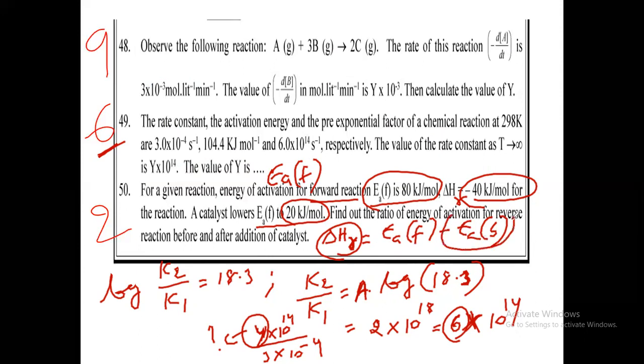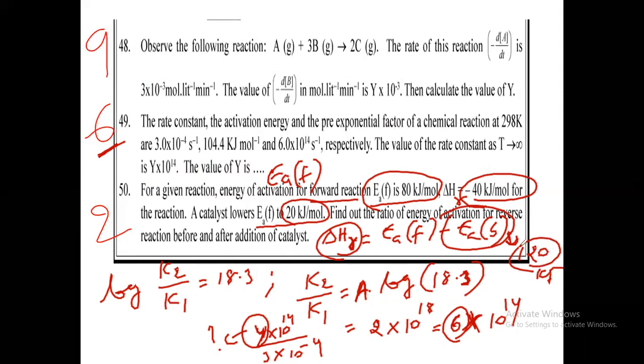So the EAB value will be 80 plus 40, that is 120 kilojoules initially.